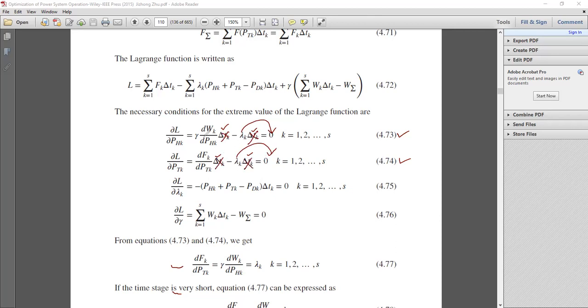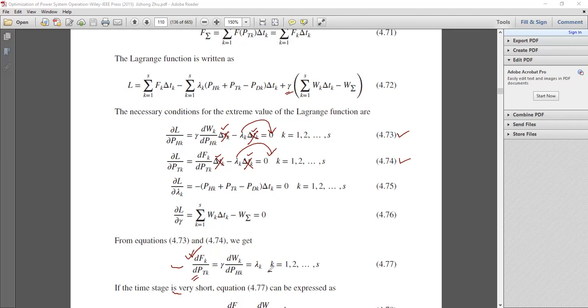So you can see that this expression will become equal to lambda K, as well as this expression will become equal to lambda K. So both of them are equal to lambda K. However, this is associated with the thermal units: the fuel cost at the kth instant, associated with the thermal output at the kth instant, equals gamma, some coefficient, multiplied by dWK, that is the water available at the kth instant, divided by dPHK, the power output from the hydro units at the kth instant.